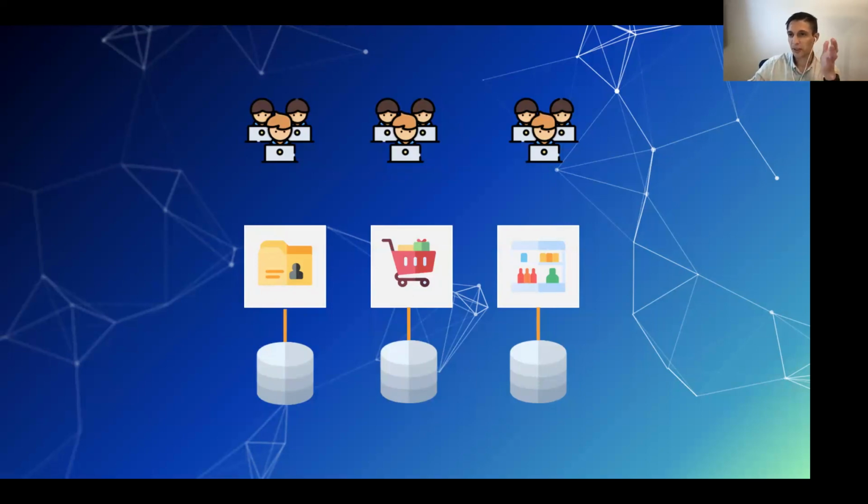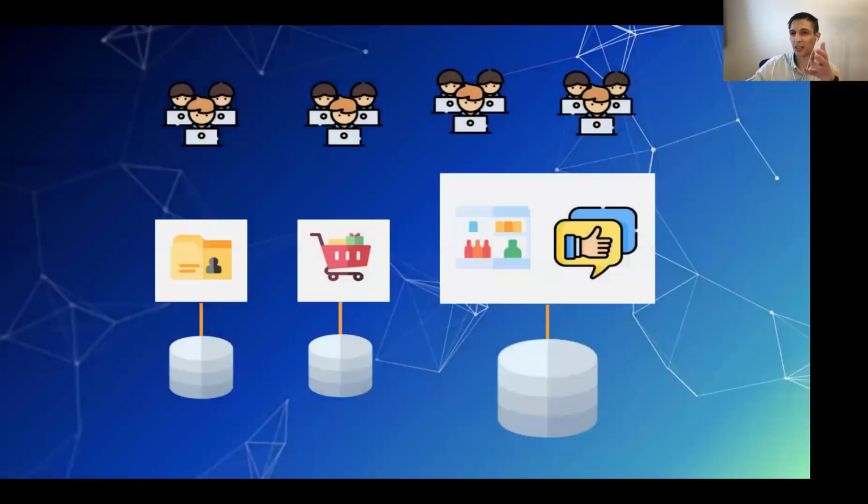Okay, so let's say we split our monolith into smaller microservices, but our business is saying that we need to add a new feature. Let's say for our product component, they needed to add a feature for feedbacks, so that customers could give feedback on each product.